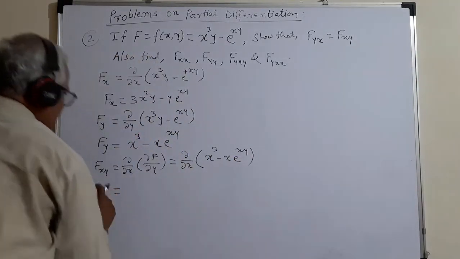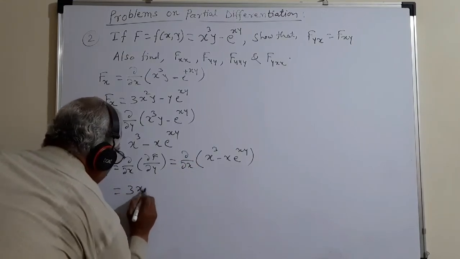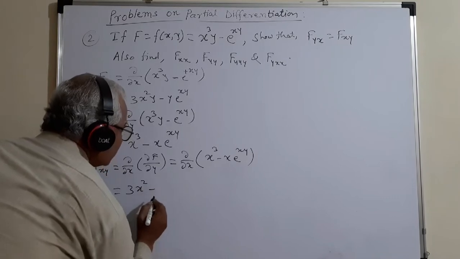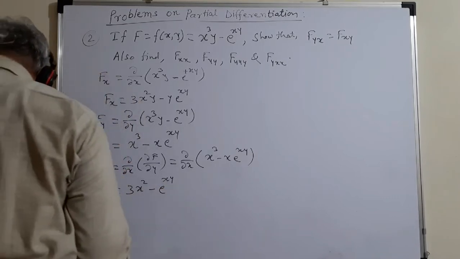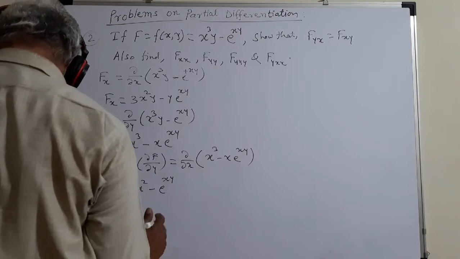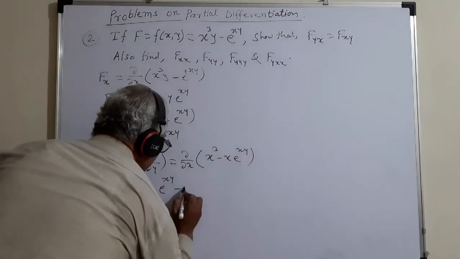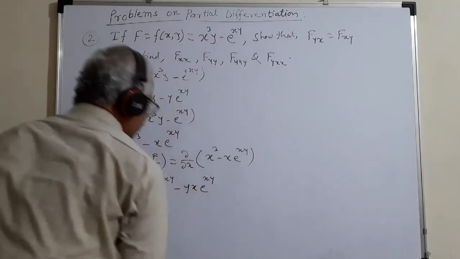So fxy can be expressed as 3x square minus e raised to xy minus yx e raised to xy.